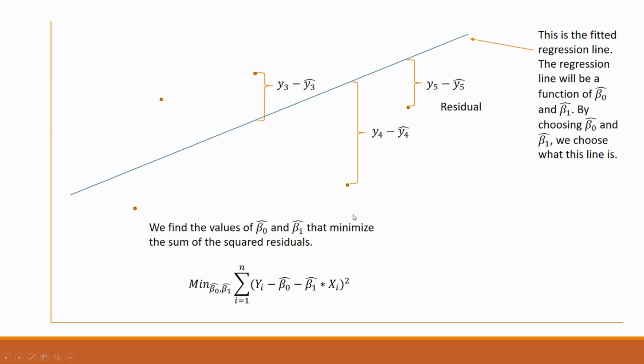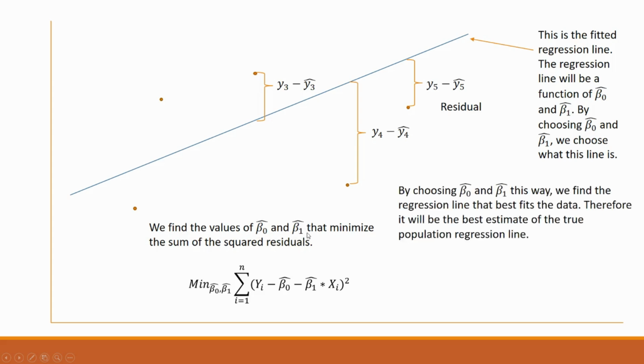Whatever values of beta 0 hat and beta 1 hat give us the smallest amount of total residuals in the data, those will be our estimate values for beta 0 and beta 1. All right, so by choosing beta 0 hat and beta 1 hat in this way, we find the regression line that best fits the data. Therefore, it will be the best estimate of the true population regression line, the smallest residuals.